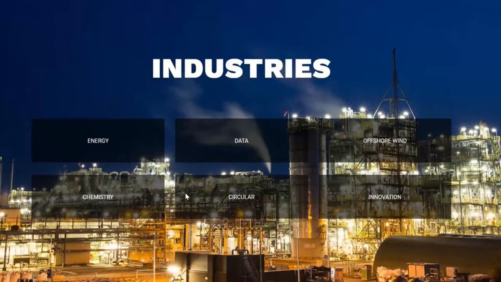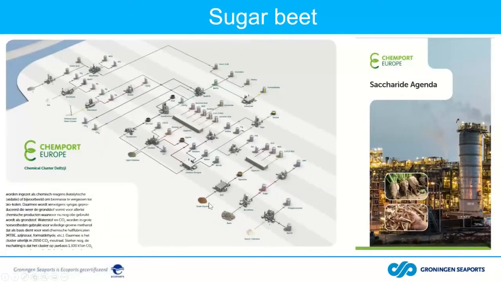And now coming back to Groningen Seaports again, because another part of our marketing is chemistry, and within the chemistry sector, of course, they are looking for other opportunities to find new ways of production within the climate agreement. And sugar beet might be a big opportunity for that.